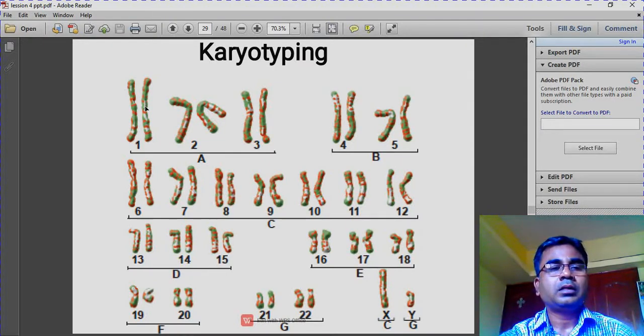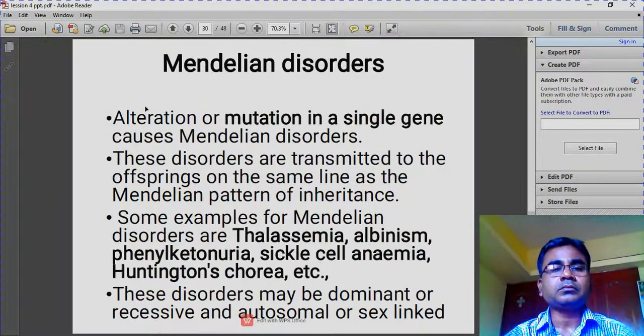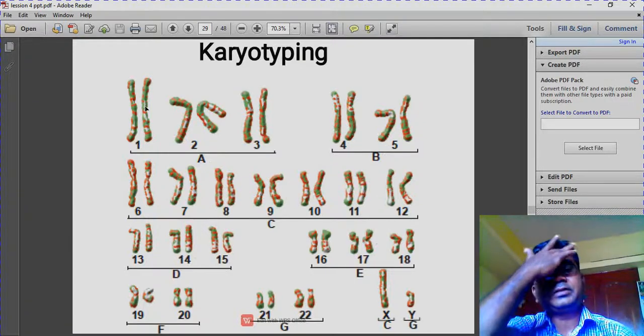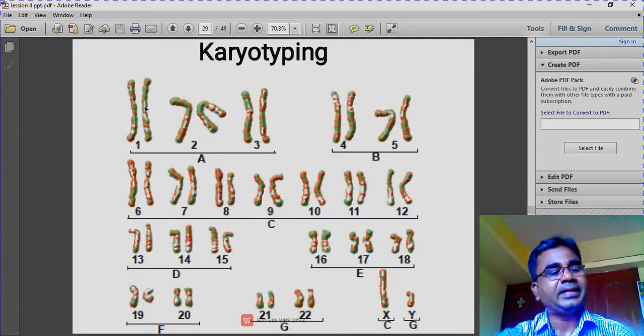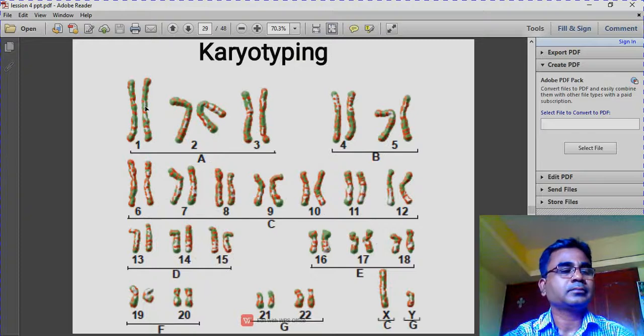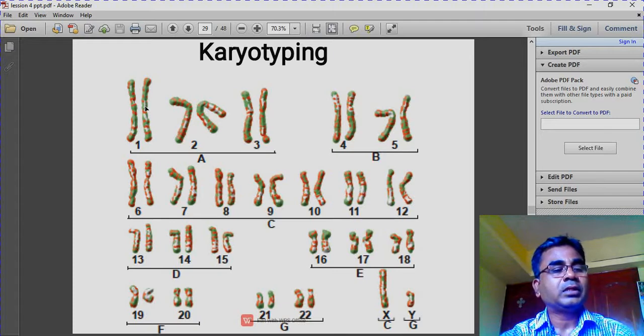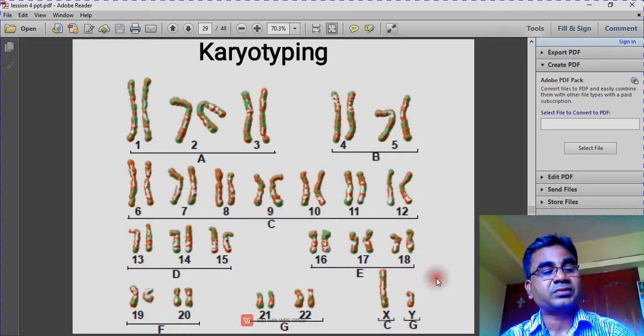Now, after karyotyping, pedigree analysis. What is pedigree analysis? This is also very, very important. Before marriage, they observe not only the karyotype but also the pedigree analysis. This is the family tree drawn with standard genetic symbols.